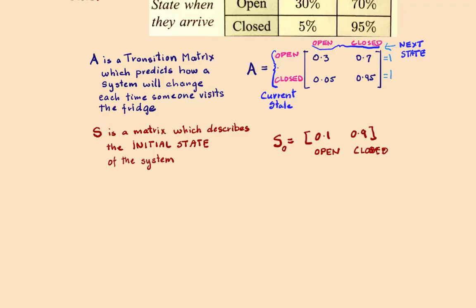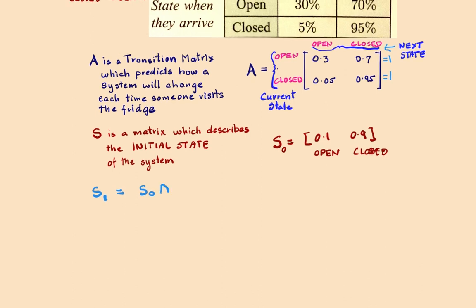And we can evaluate what the next state of the system will be when someone comes in and opens the fridge. We'll say that it is S1. This can be calculated by multiplying the initial state with the transition matrix.